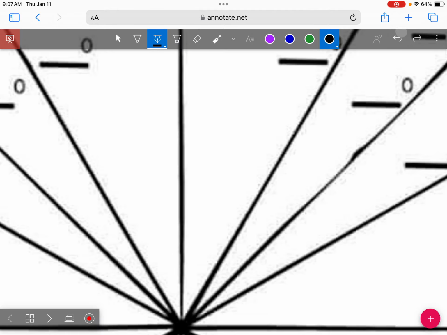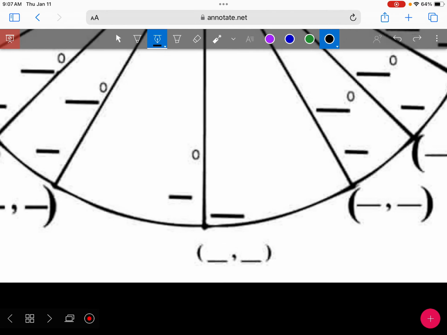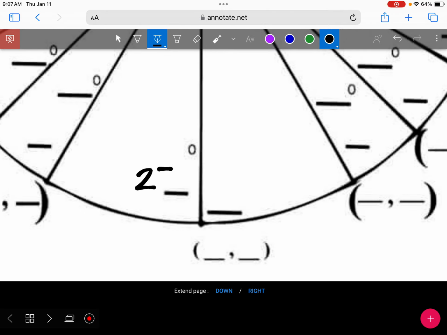And then at the very bottom, we've done that one as well before. That was our 270 degrees. And our 3 pi over 2, right? So those are all pieces we have filled in before as we were sketching and drawing things before.